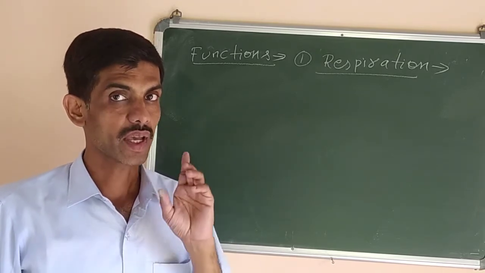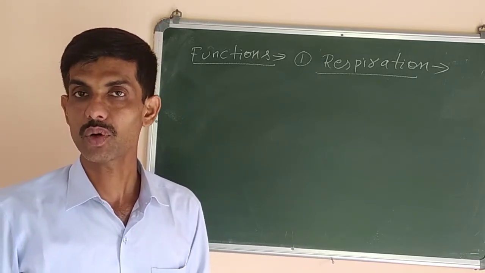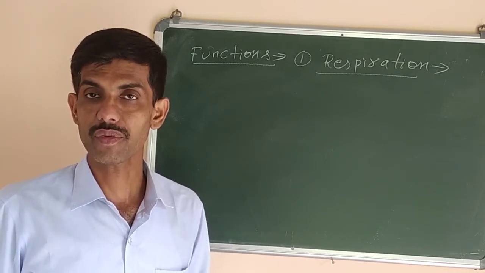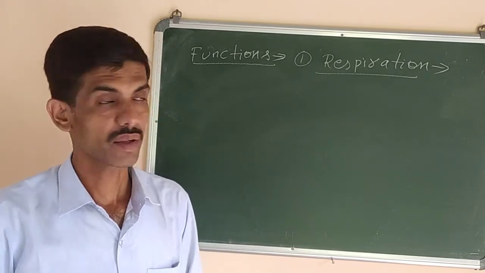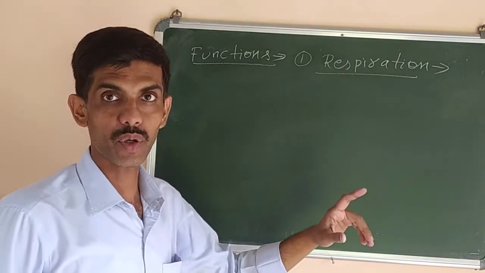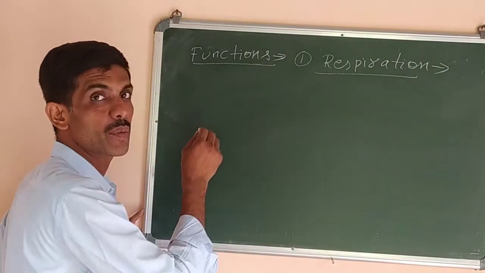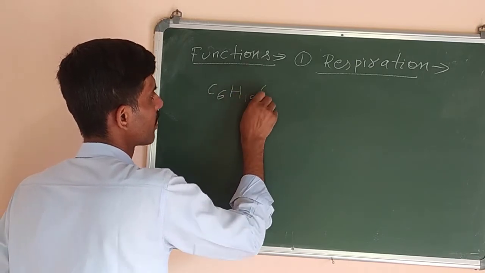Understood now? An example of anabolic reactions is photosynthesis, in which glucose is produced that results in the formation of new cells and the growth of the plant, whereas respiration is a catabolic process in which glucose is oxidized. I will write the chemical equation: C6H12O6.